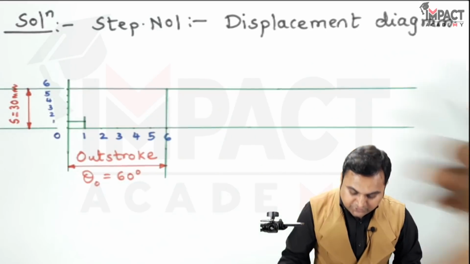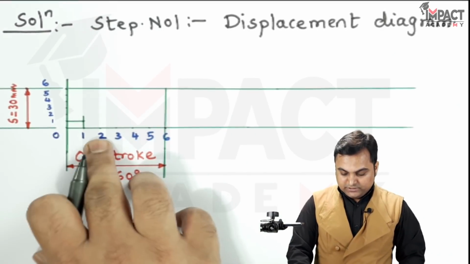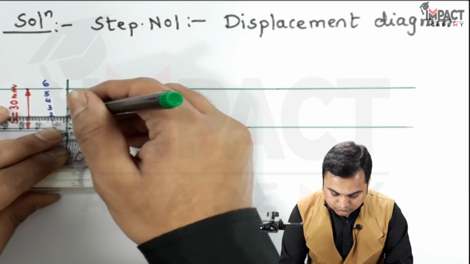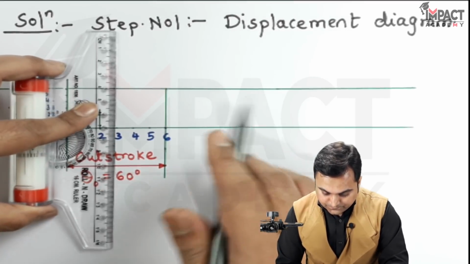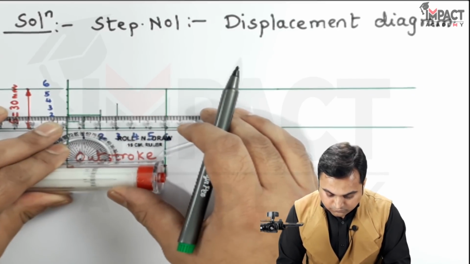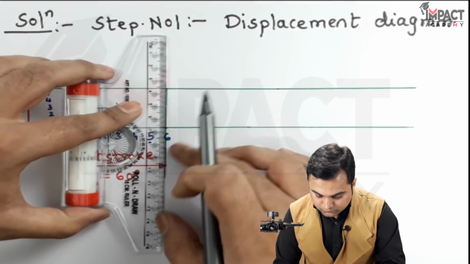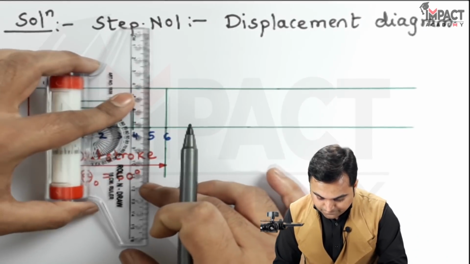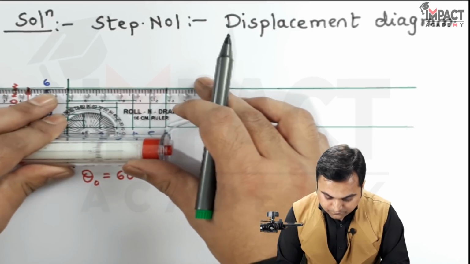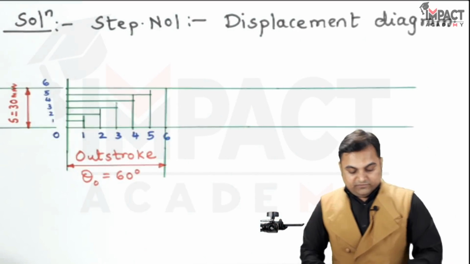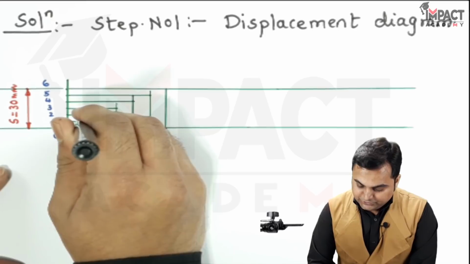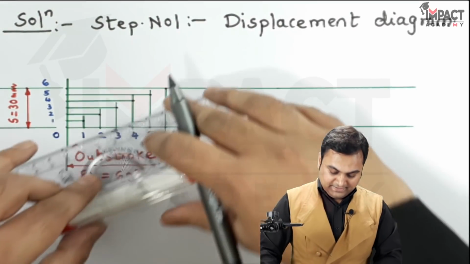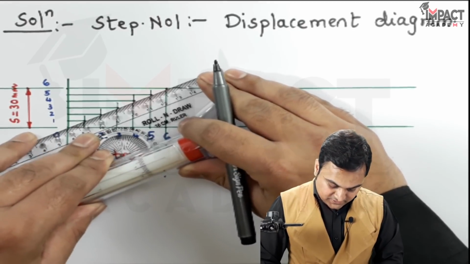The intersection point gives me the first point, then the second, next the third, fourth, fifth and sixth. So these are the points. Joining them with the help of a line, which is an inclined line.